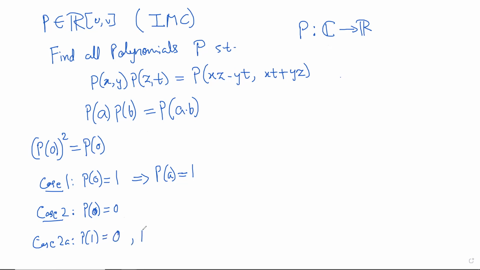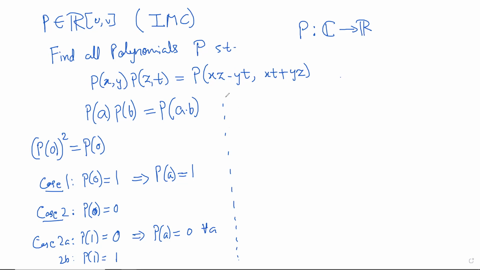Yes, P of one is zero and P of one is one. Yeah, sure, that of course satisfies.